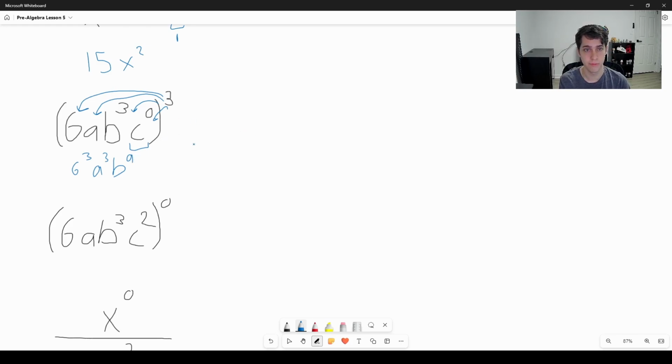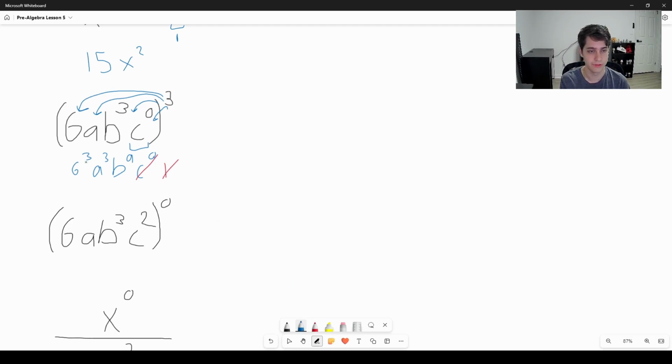And then here, remember, this is where we're actually multiplying our exponent with our other exponent. So we actually get c to the 0, which, if you remember, just becomes a 1. And then 1 doesn't change our values, so we don't even have to write that.